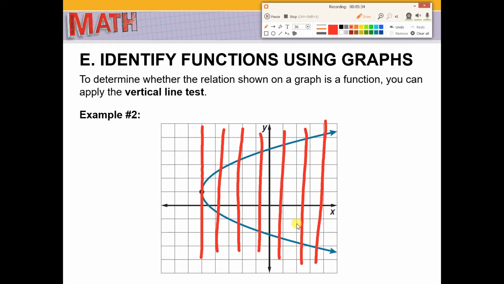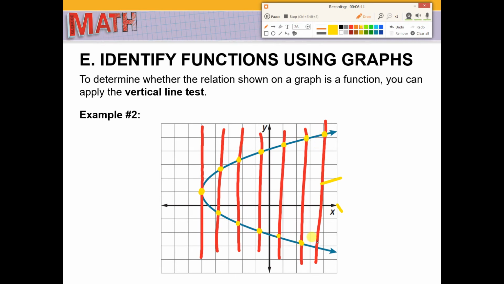Okay, now going back, I can mark the points where my vertical lines are touching the graph. This vertical line is touching the graph at one point. My graph is the blue line. Now the second vertical line is touching the graph at 2 points. The next is touching it at 2 points, also 2.